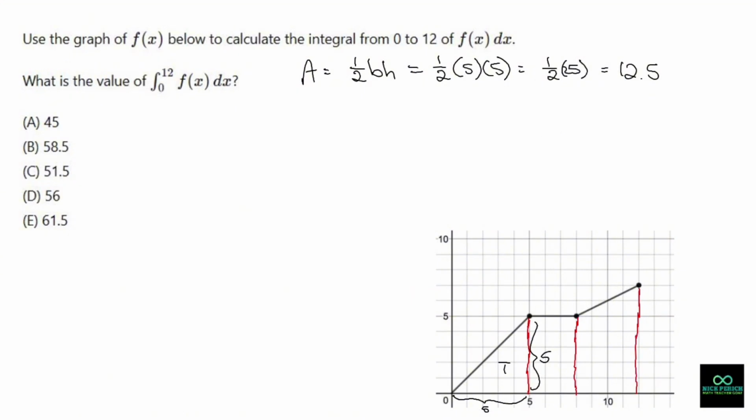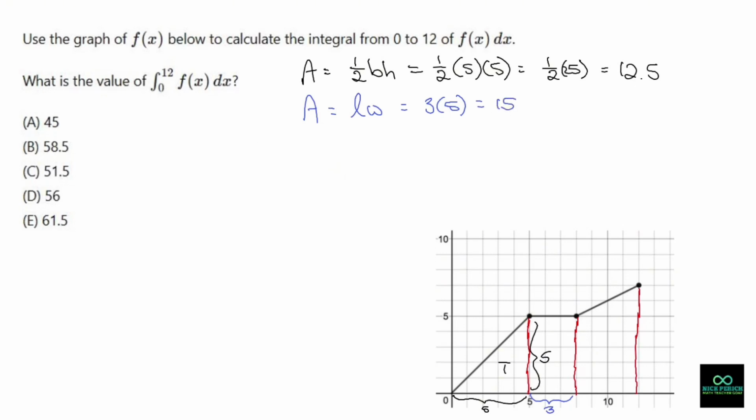All right, cool, I can handle that. This second shape is going to be a rectangle with a height of 5 and a length of 3. So the area of that is a rectangle, which is length times width. So 3 times 5, which is 15.